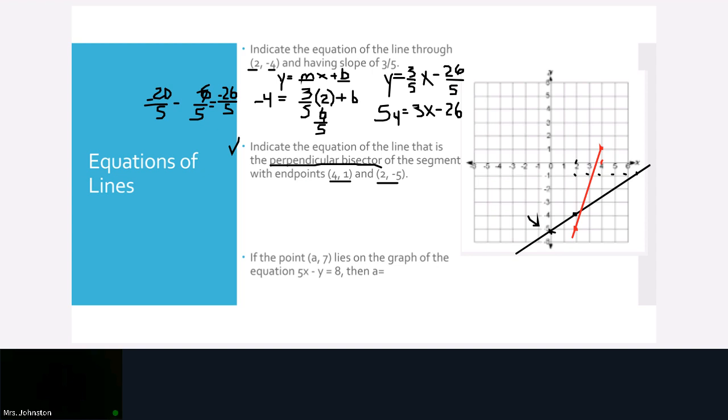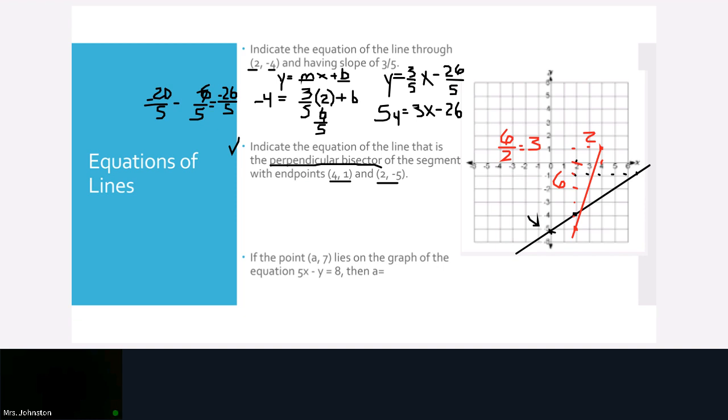So why don't I just count it? 1, 2, 3, 4, 5, 6 is the rise. 2 is the run. So the ratio is 6 over 2. Or that can be reduced to 3.